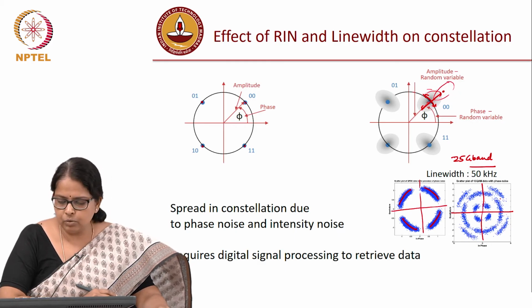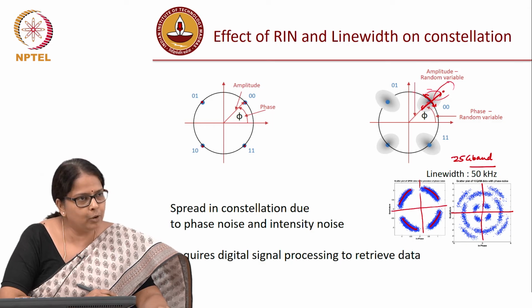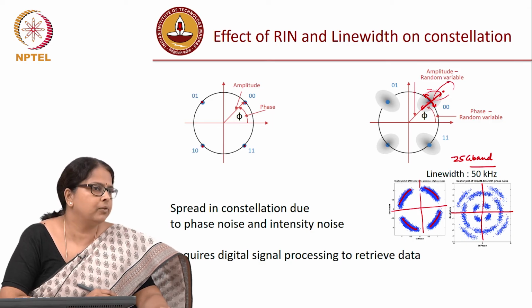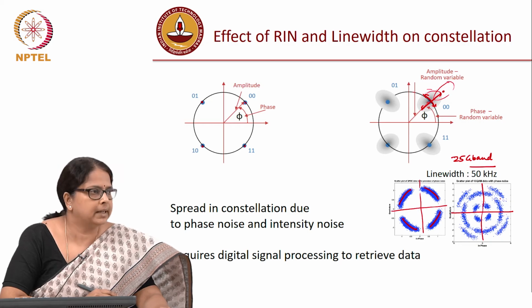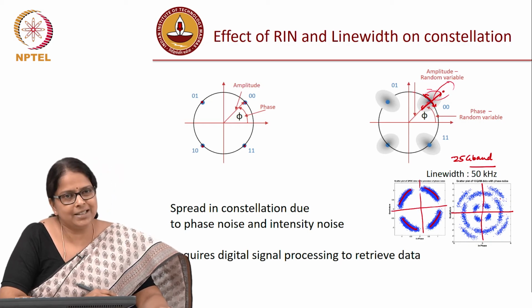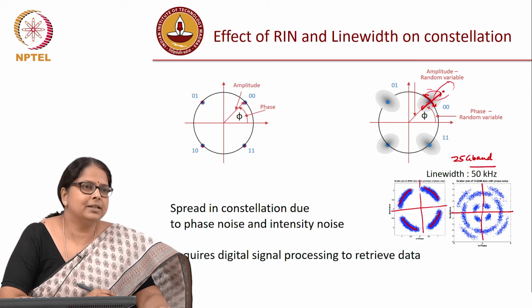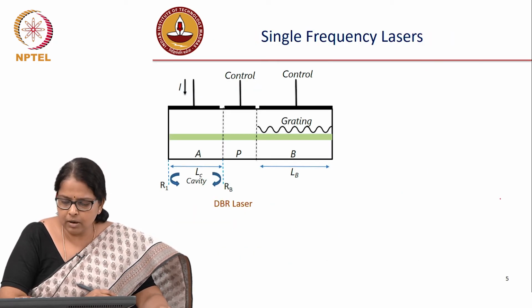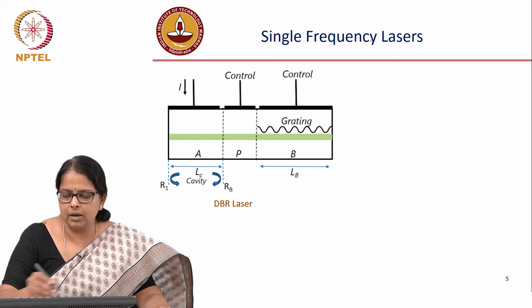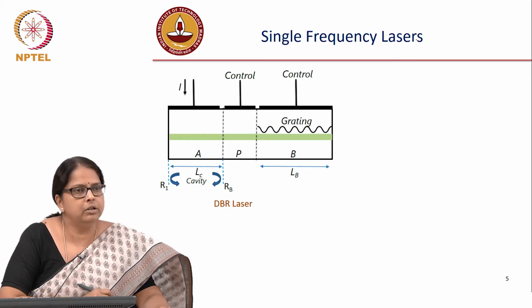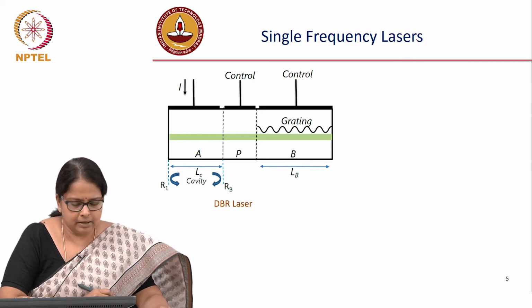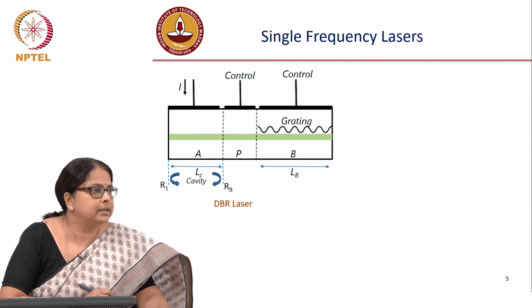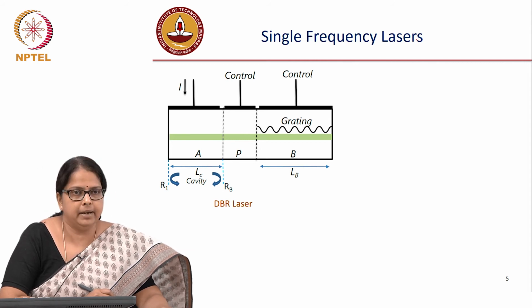We need to understand that regular Fabry-Perot lasers cannot be used for coherent communication because of this phase ambiguity. You need specialized lasers whose line width is very small. What is available are what are called single frequency lasers. We will not go into the detail, but look at in general how single frequency, narrow line width lasers are made.